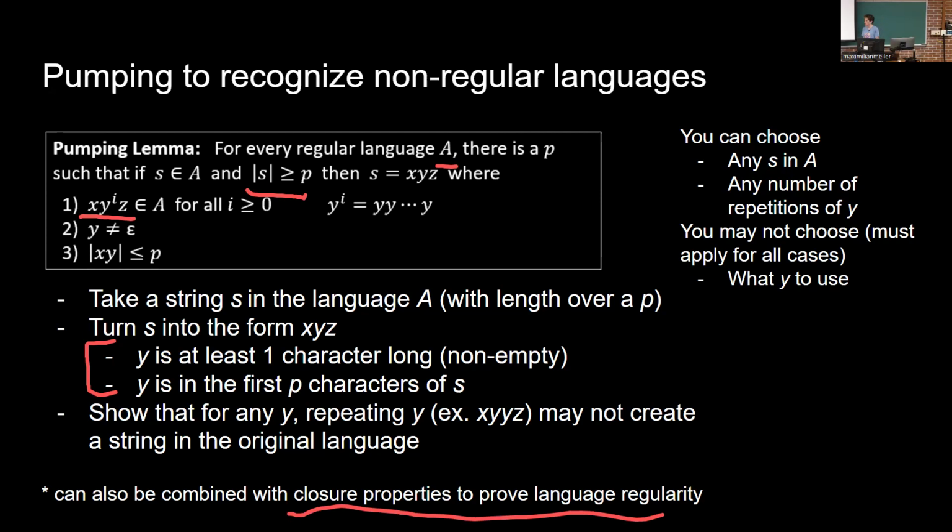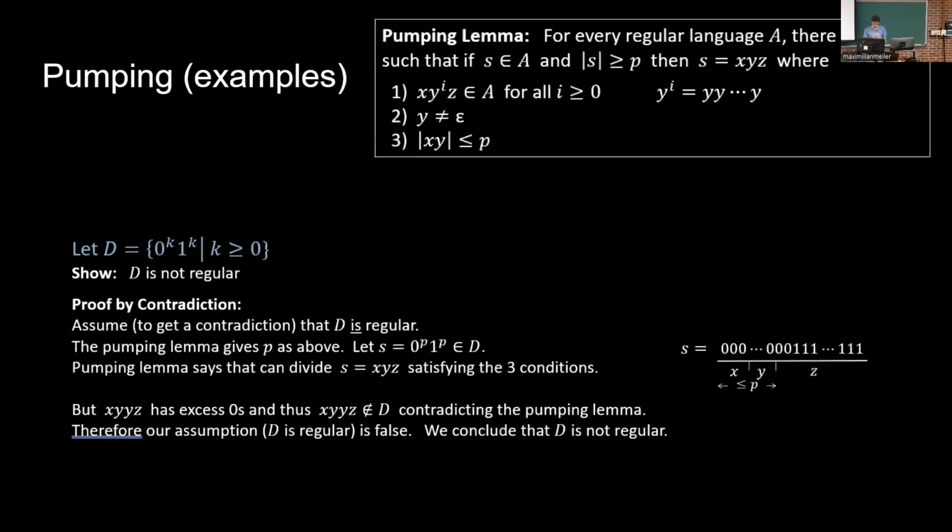I have some examples here to prove that languages are regular or irregular. So we'll start with this, right? 0 to the k, 1 to the k. Now, we need a string that's in this language, so a string that exhibits these properties, that is over length p, right?